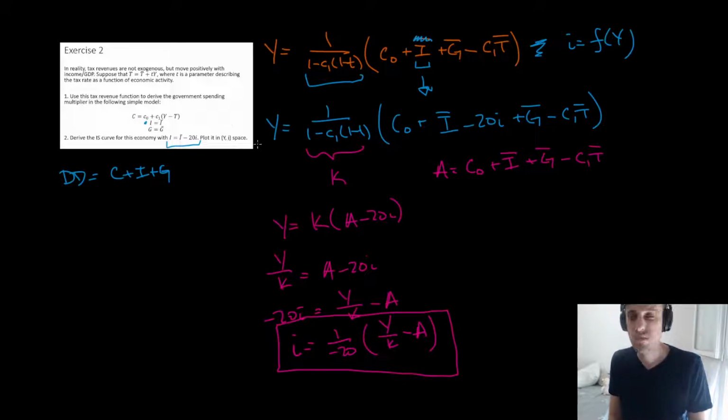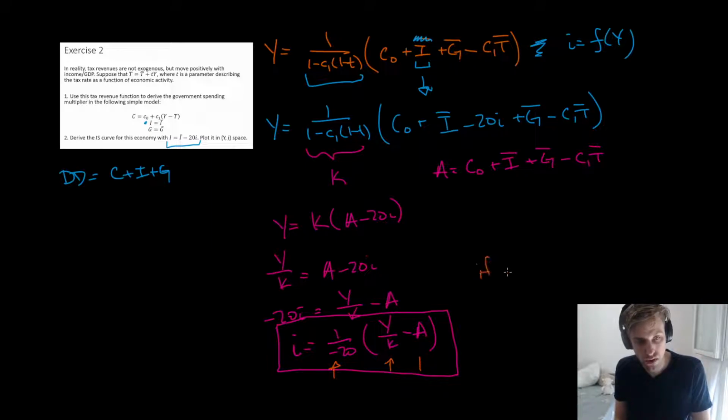We can plot it. You can see from this that, well, it appears that the IS curve is negative. We have a negative sign here. For this to be truly negative, of course, we need to know that y over k is bigger than a, right?